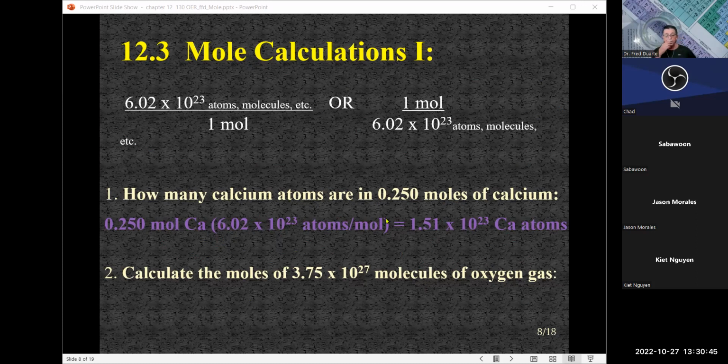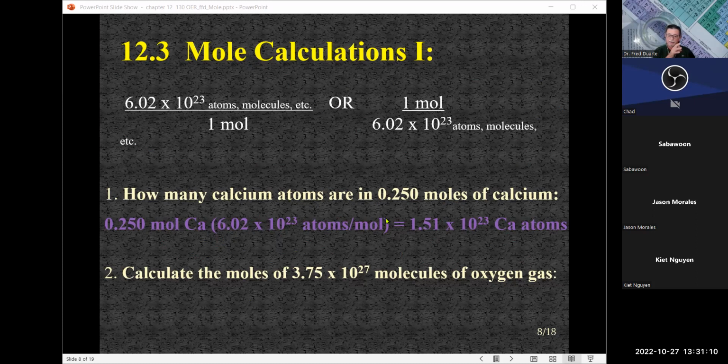Even though you're dealing with a fairly small number, 0.25 mole, it's roughly a quarter of a mole, you end up with an extremely large number of atoms, 1.51 times 10 to the 23rd. It still adds a lot of atoms in that small amount of moles.